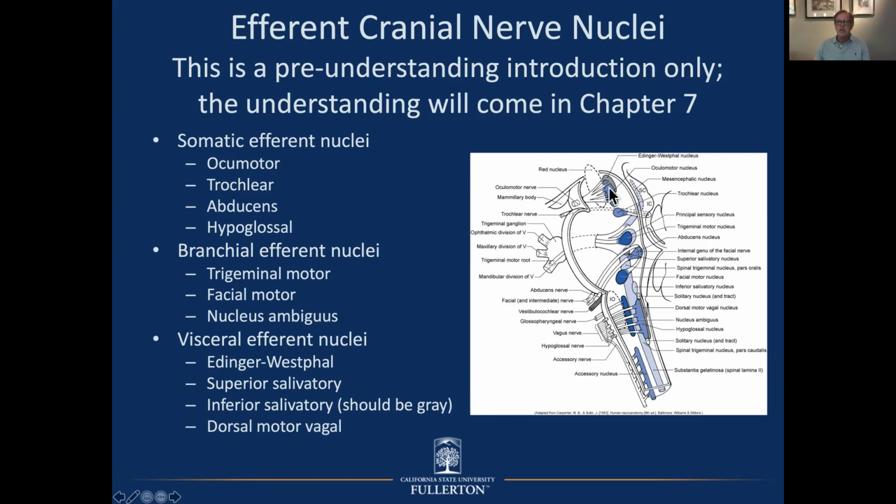So let's look at the oculomotor first. There it is. And then the next one, trochlear, is located right there. And then the next one, abducens, is located right here. And notice that they colored them the same, to try to make it easier for us. They're more or less aligned in the brainstem, kind of close to the dorsal.